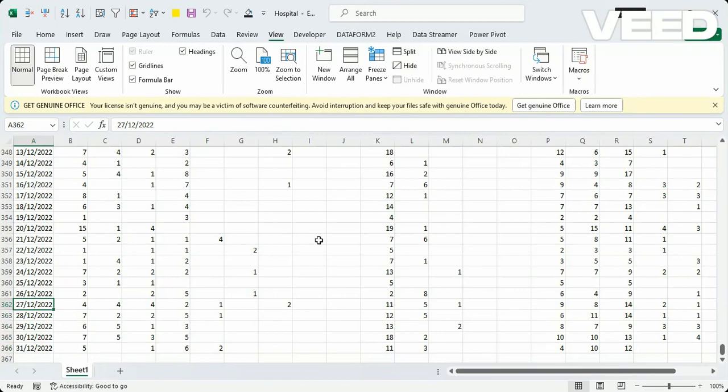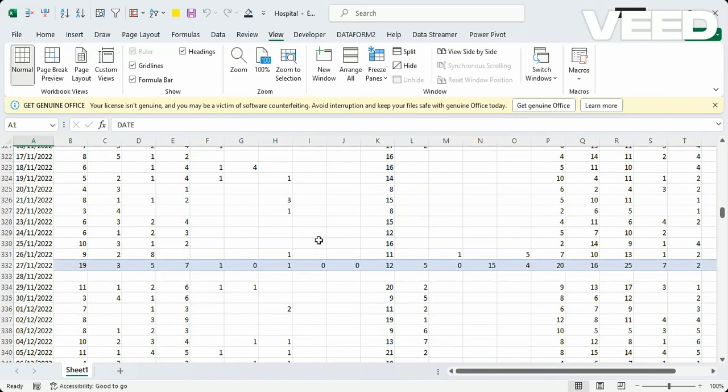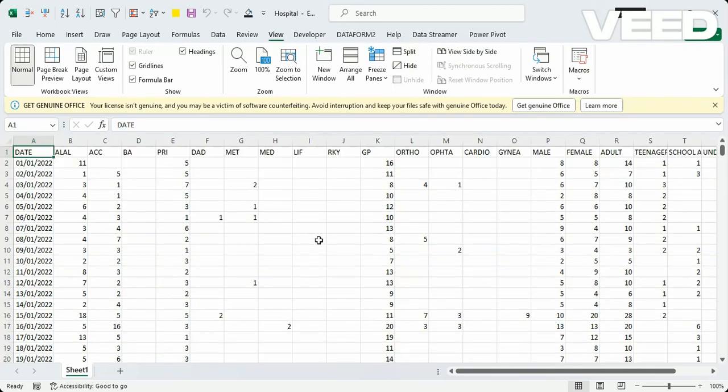This particular worksheet contains data from the internet, which is a demo data of a particular hospital, but it's not a true data. It's a demo data, and it was collected from the internet.